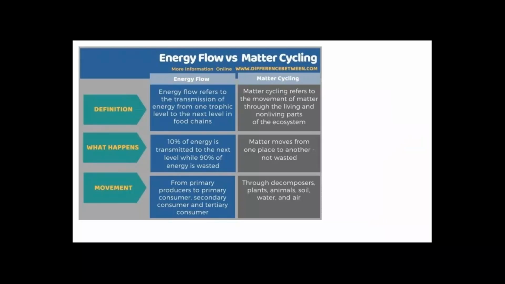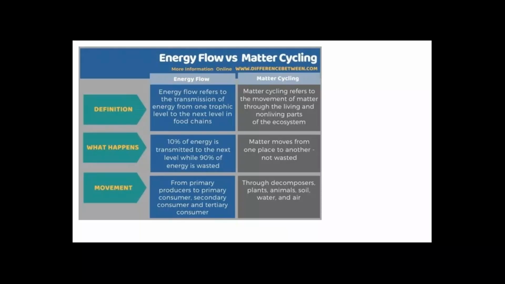So energy flow refers to the transmission of energy from one trophic level to the next in food chains. And notice the point is that energy degrades. It gets turned into heat and is therefore no longer available to humans. Whereas the matter is the same.